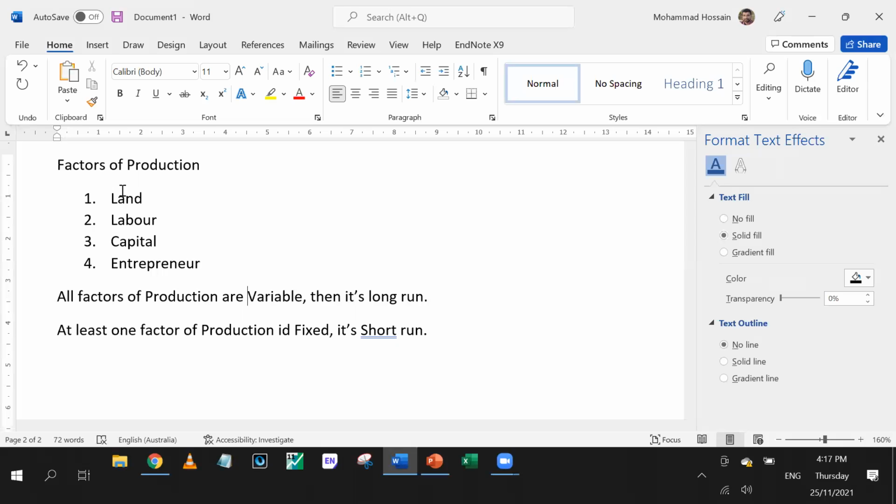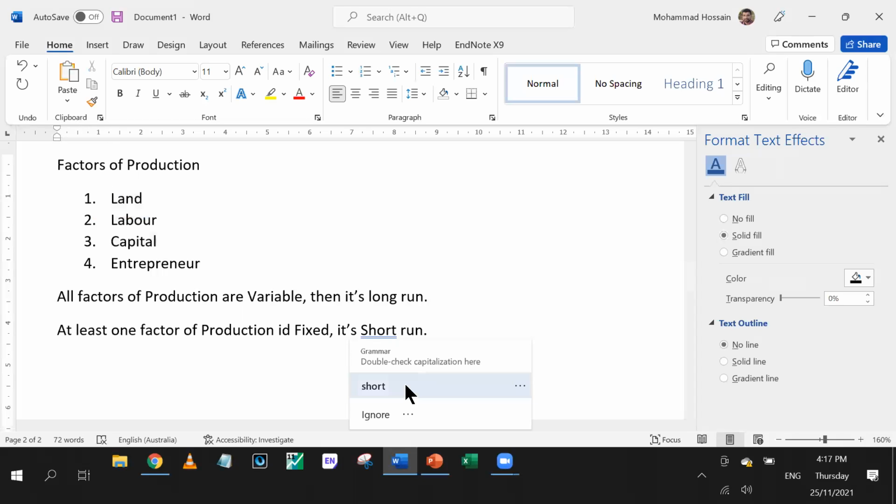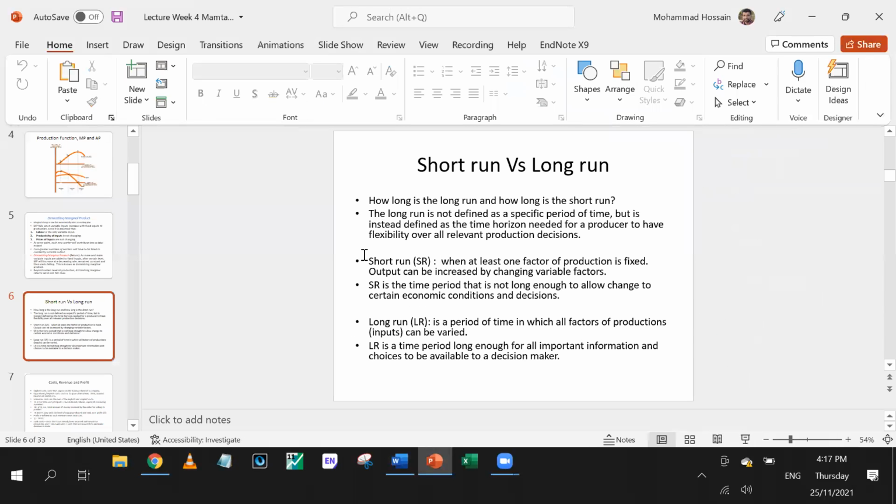But if you're changing all of this, land, labor, capital, but not the management yet, this is still short run. Okay, this will still be known as short run. That's what they will try to establish here. How long is the long run and how long is the short run?